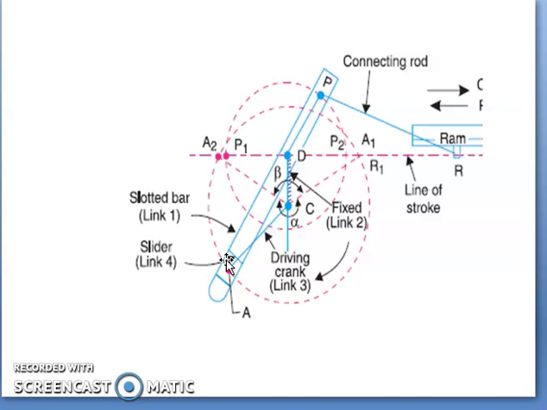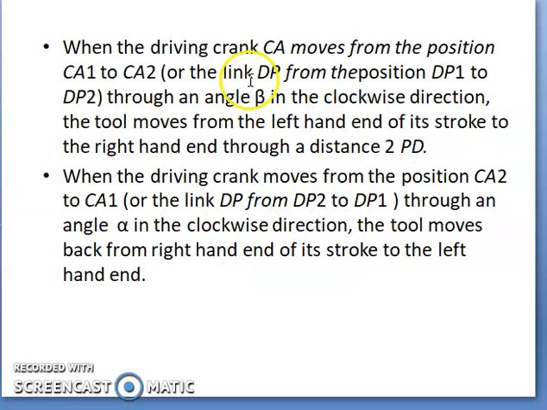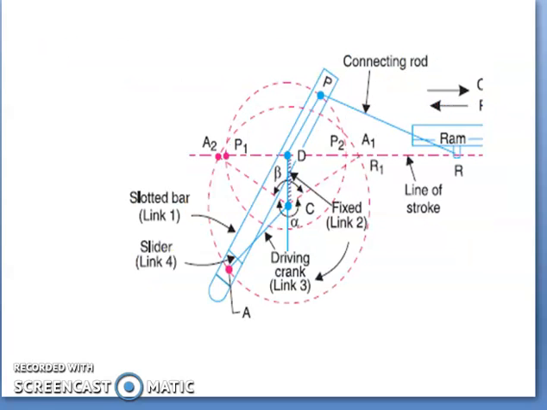When it is moving from the position CA1 to CA2, or the link DP from the position DP1 to DP2 through an angle beta in the clockwise direction, the tool moves from the left hand end of its stroke to the right hand end through a distance of 2 times PD. So what happens is you have the link.